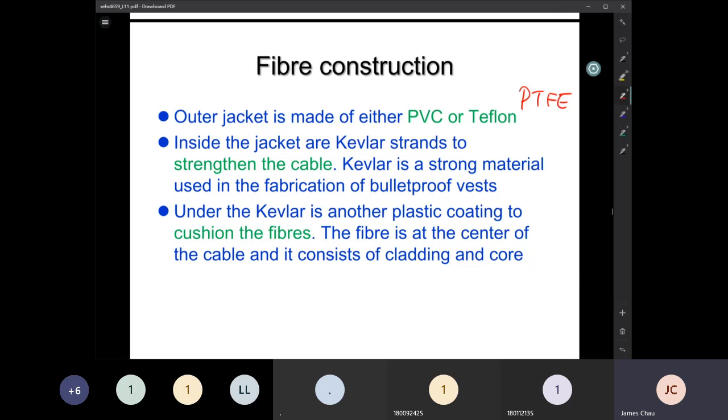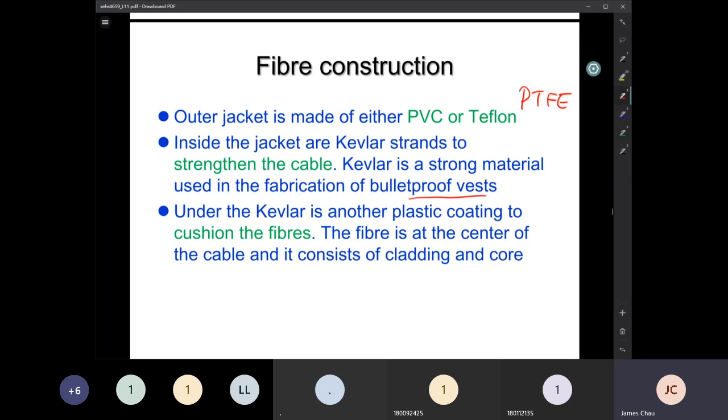A very long name. And inside the jacket, there is Kevlar, another polymer that is used to make the bulletproof vest.